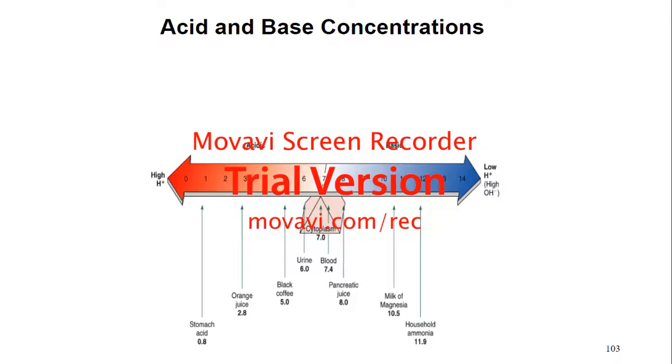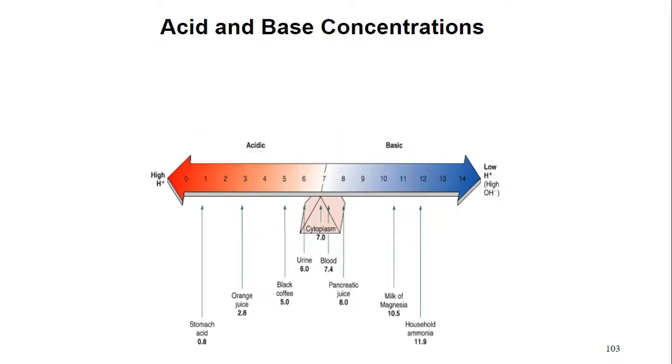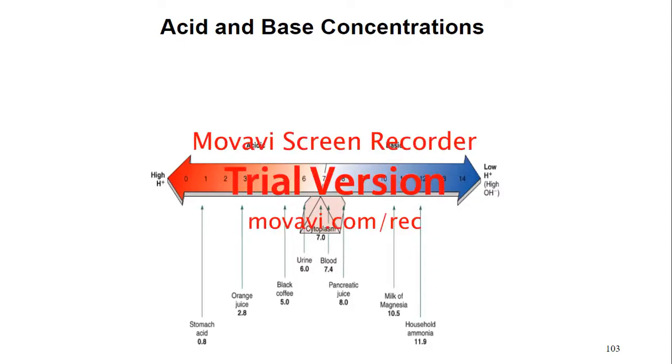Our stomach acid being acidic aids in breaking down our food, so that our small and large intestines can absorb the nutrients. The stomach has to break it down first. So stomach acid is very, very acidic.